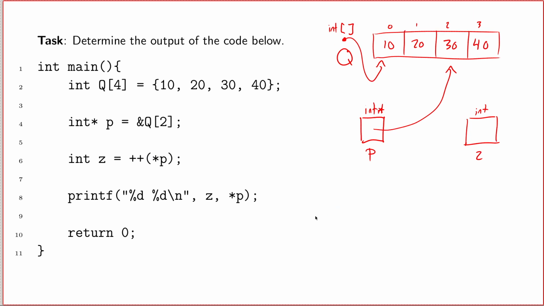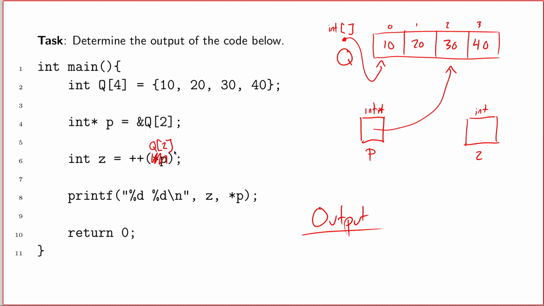Okay, here's the next one. I copied and pasted in my initial diagram just like before. Here I'm using the plus plus, the pre-increment operator, so I'm using it on the left-hand side. But otherwise, I'm still dereferencing my pointer before I'm incrementing. First, I figure out what's happening inside the bracket. Star p: start at p, follow an arrow, and just like before, that ends up being Q sub 2.